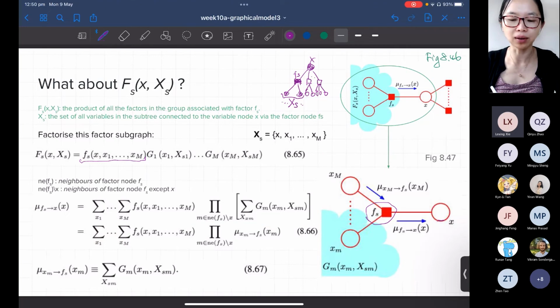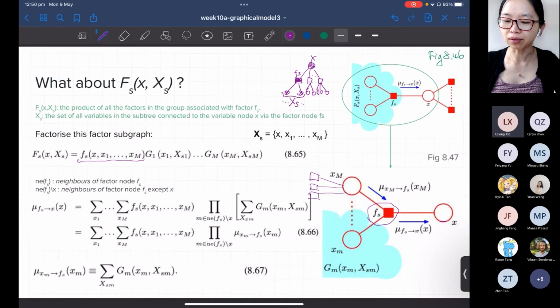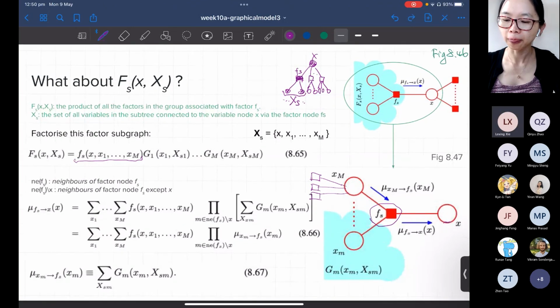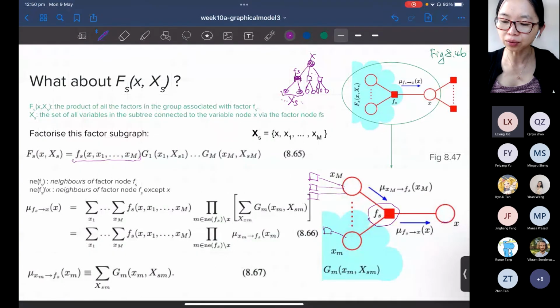So it's written up here. And then it involves all the downstream factors that are connected to each of these M nodes. So let's say there's a factor here, a factor here, a factor here, and this one might have its own set of factors too.